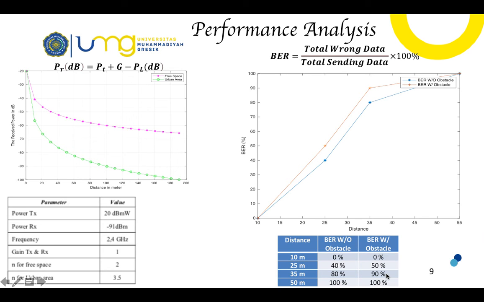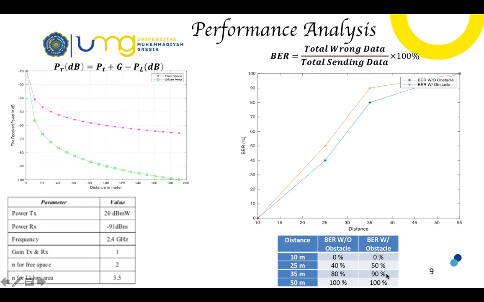We use parameters based on the reference: power transmit 20 dBm, power receive margin minus 91 dBm, frequency 2.4 GHz, gain for TX and RX is 1, and N for free space is 2, and N for urban area is 3.5.